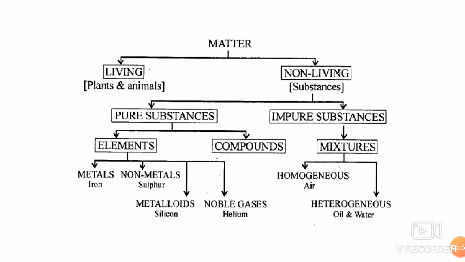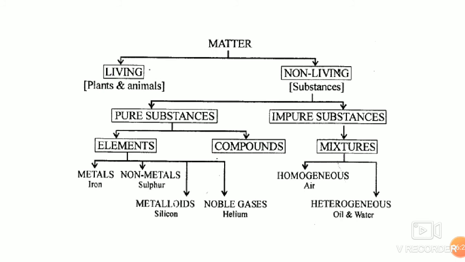Elements are further classified as metals, non-metals, metalloids and noble gases. If we go by the mixture side, mixtures are of two kinds, homogeneous mixtures and heterogeneous mixtures. Moving on to learn more about matter, which has mass and occupies space.